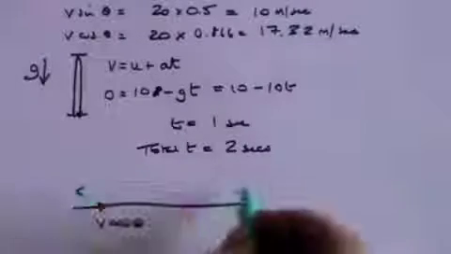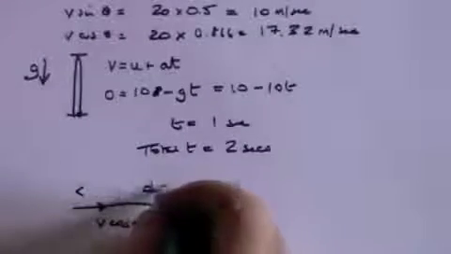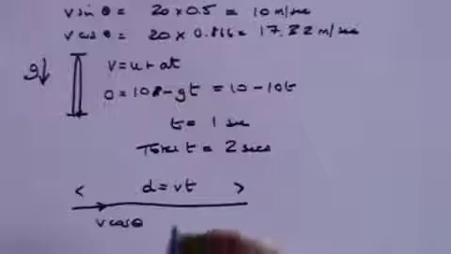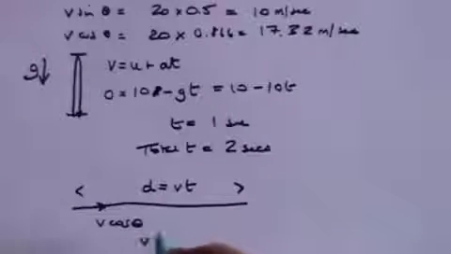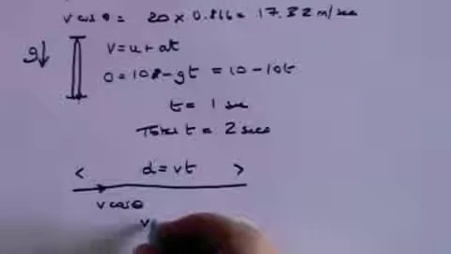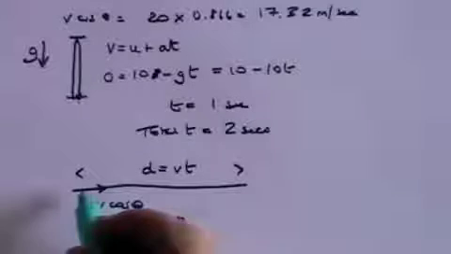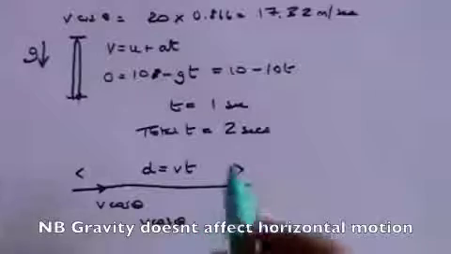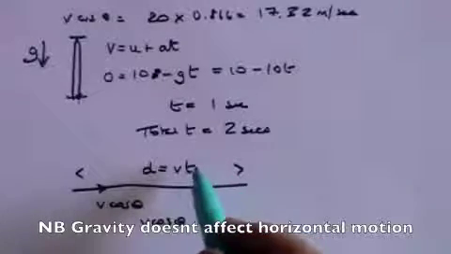And the distance that it will travel, distance is always velocity times time, so the distance is going to be velocity, which is v cosine theta, because that's the horizontal component of the velocity, times t, which is 2 seconds.